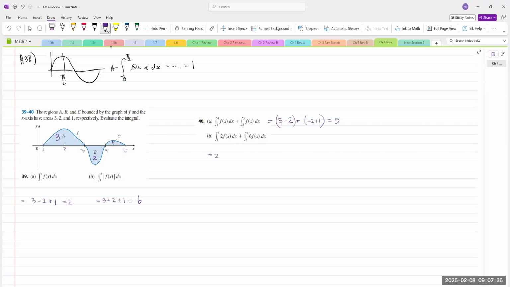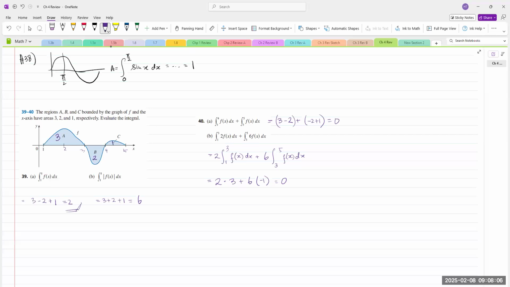This is 2 times the integral from 1 to 3 of fx dx plus 6 times the integral from 3 to 5 of fx dx. Now, the integral from 1 up to 3 is 3. From 3 to 5 is -1, right? -2 plus 1, that's -1. That's also 0, huh? Oh, okay.